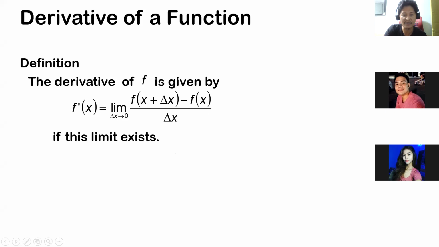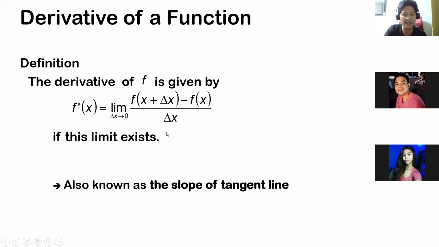So we tried to have this so we can actually consider the geometric representation of this definition, which is actually the slope of your tangent line. Before we ended our basic calculus, last time we had a short discussion on getting the slope of the tangent line.